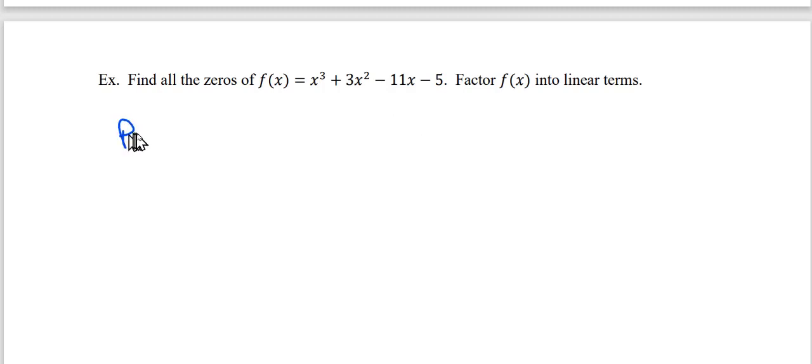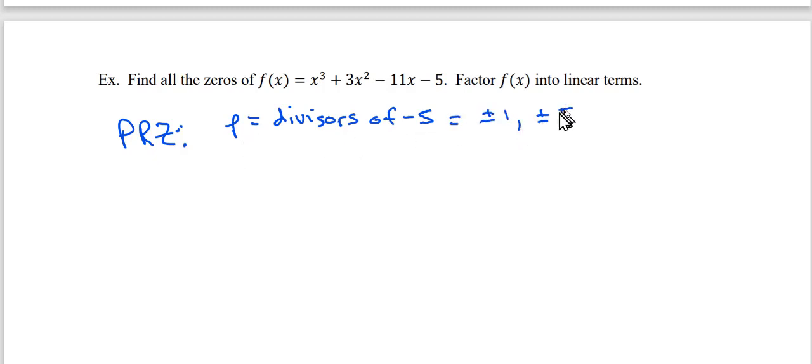We are going to try to find the possible rational zeros, right? So remember, we have our p, which would be divisors of the constant, which is negative 5 here. That's just positive or negative 1 and positive or negative 5, since 5 is prime.